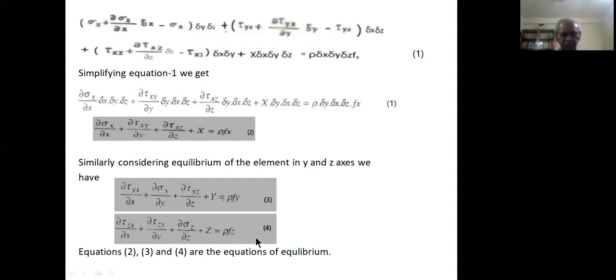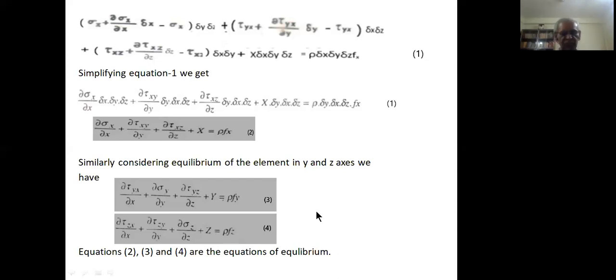Again, it is easy to remember if you look at the stress matrix. The third row of the stress matrix is tau zx, tau zy, and sigma z. So it is del tau zx by del x, del tau zy by del y, plus del sigma z by del z, plus Z is equal to rho fz.